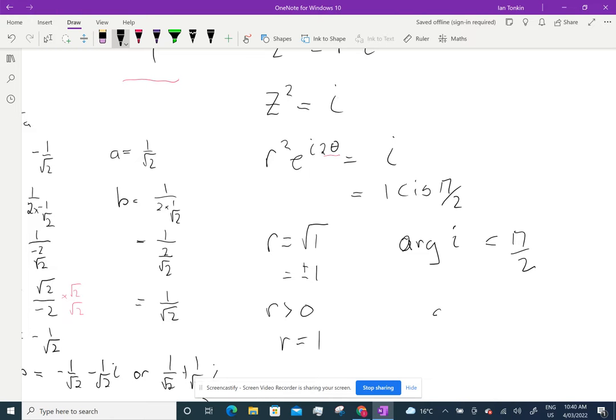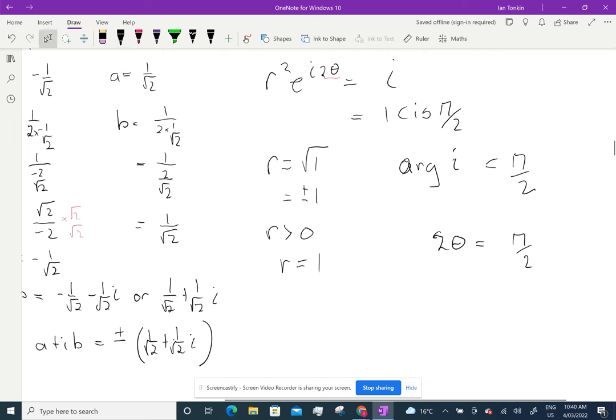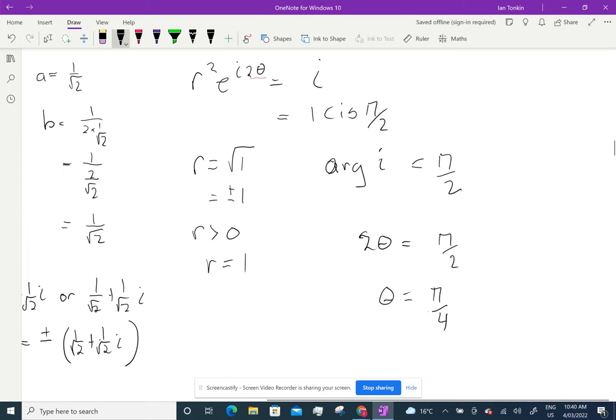And we know that 2 theta equals pi on 2, which gives me pi on 4. Now, remember the argument is the inverse tan, and the inverse tan gives us that argument, but it's positive.